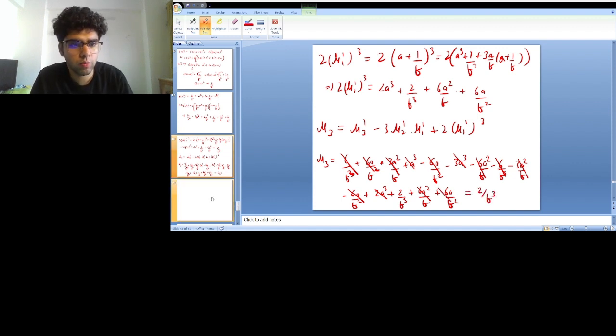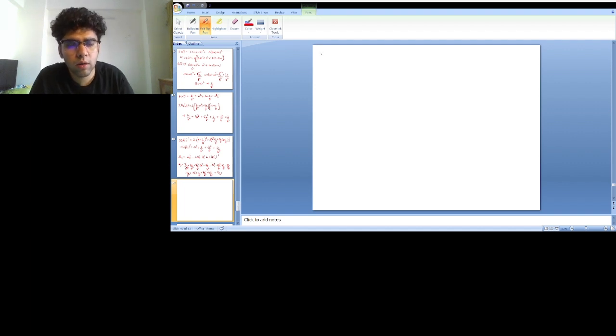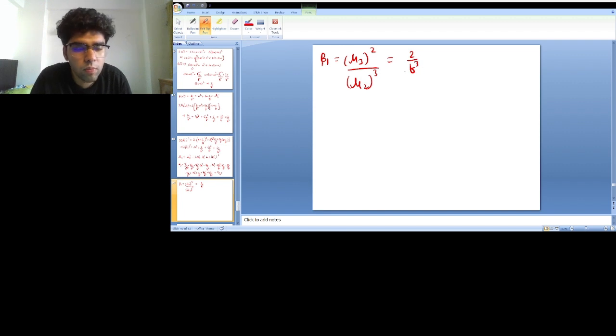So my beta 1 is mu 3 whole square upon mu 2 whole cube, where mu 2 is the variance. So my mu 3 was 2 upon b cube, and the square of this whole term, divided by mu 2.